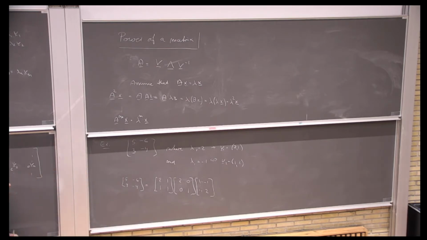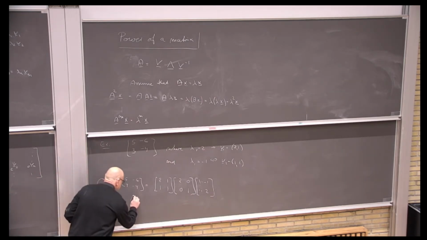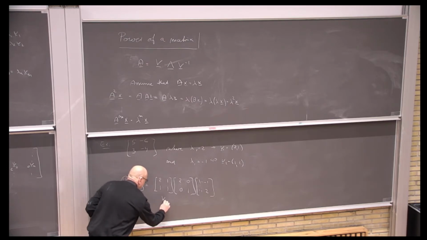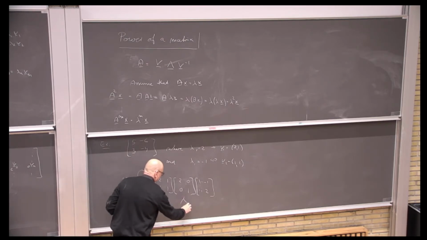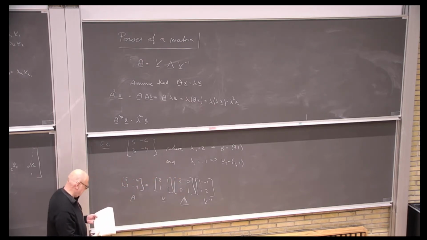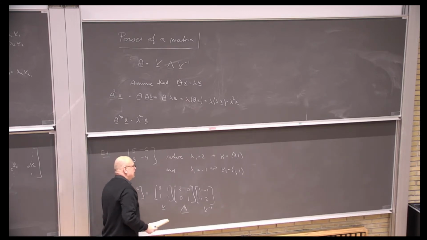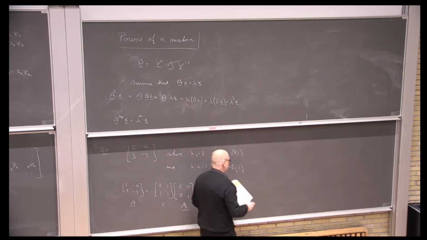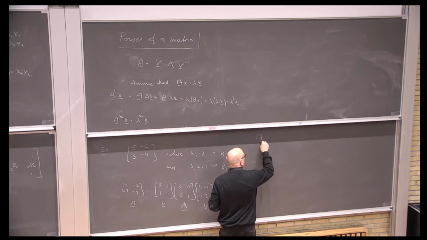There's a formula in the e-notes for that. So this is A, this is V, this is lambda, and this is the inverse of V. And the question now that I want to solve is to find the 10th power of A.